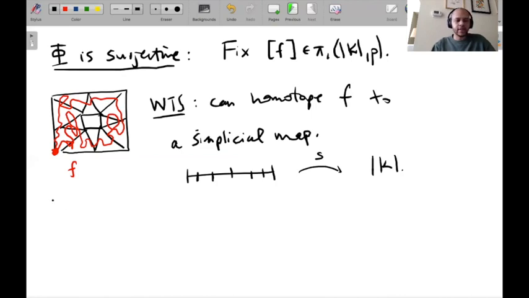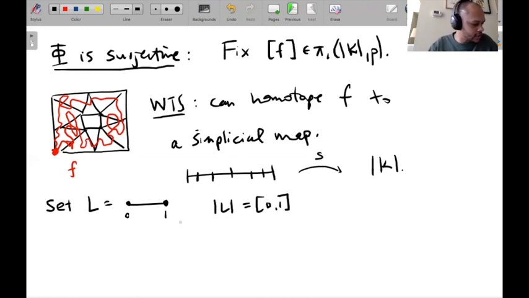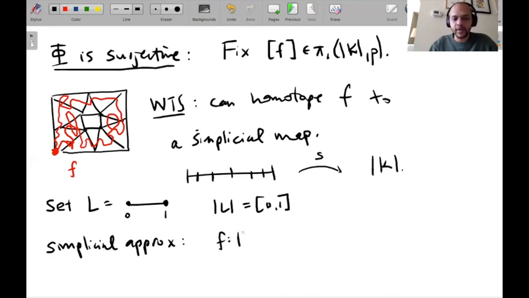Okay. So let's set L to be this simplicial complex with geometric realization of L being the interval 0 to 1. So we can apply simplicial approximation to F, which is a map like this.